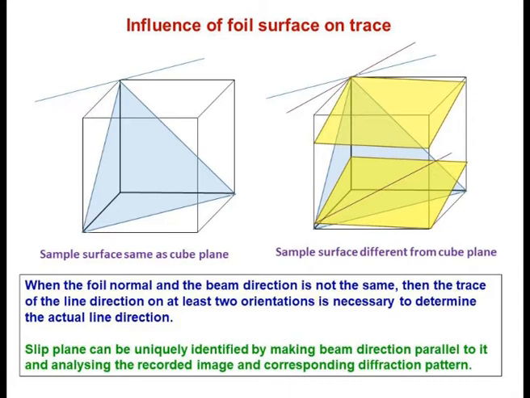So essentially, what is important is that we should know the foil normal to do all this analysis. If you assume it's a single crystal, the area which we are analyzing, what is the plane of that foil? That crystallographic information is very much necessary to do all this quantitative analysis, and it can be obtained in the microscope.